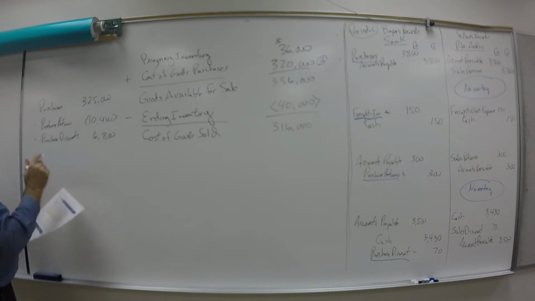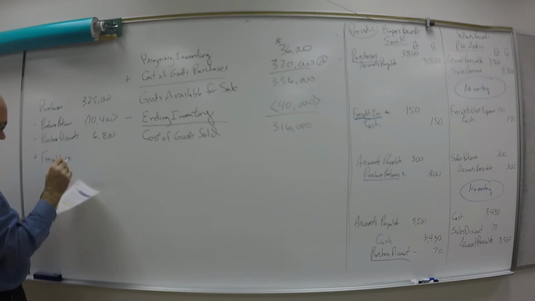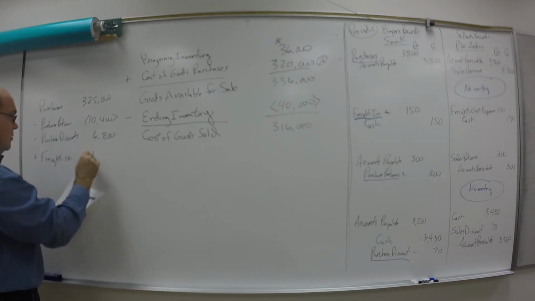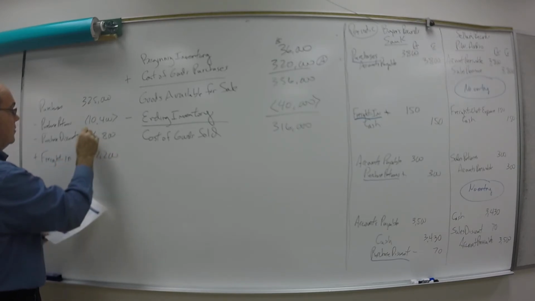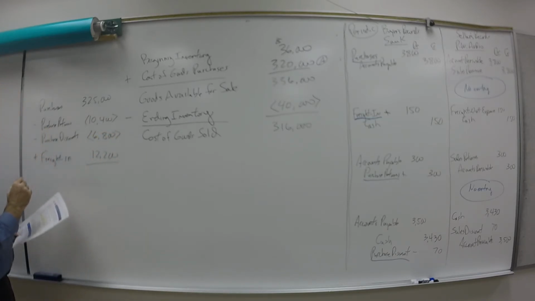And then I add what I had to pay to have it shipped to me, my freight in, which in this example at the bottom of the page was $12,200. So when I add that all up, that gives me my net purchases, or cost of goods purchased.